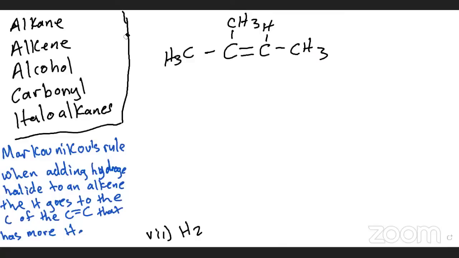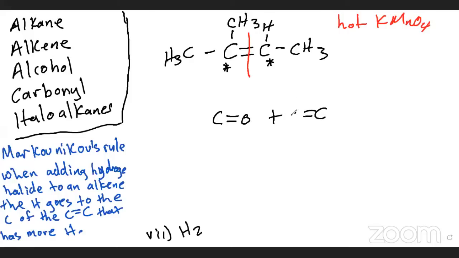Right, just a second. So this one is for hot KMnO4, which is oxidation. I want you to break the double bond. All right. You are cutting the molecule in two at the double bond. And then for the carbons of the double bond, this and this, just write C double bond O. So convert the two carbons of the double bond to C double bond O. And then you're going to put back what was already on it.